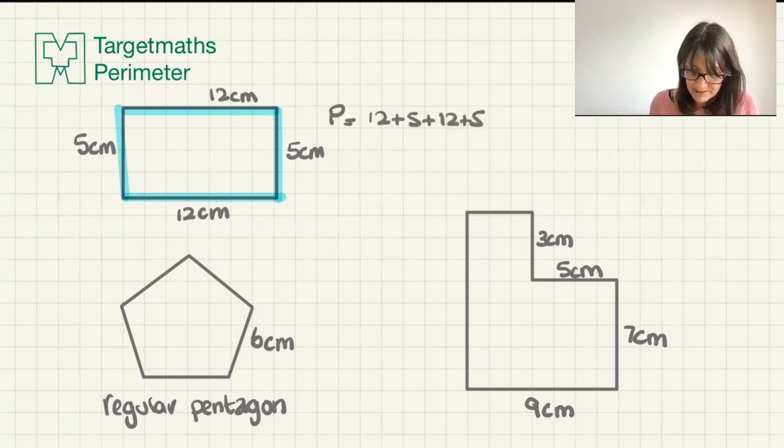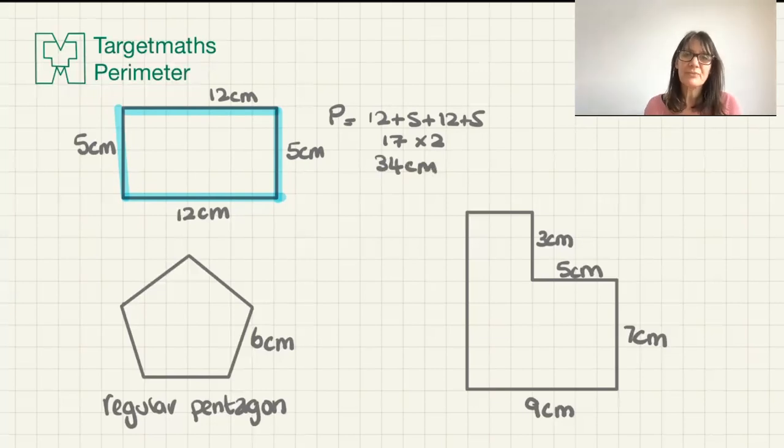You could write 12 plus 5, which is 17, and then you could double it. It doesn't matter how you choose to get to that final result, as long as you are adding every single edge. So the answer to that one is 30. Oops, nearly wrote 32. Okay, let's change that. It's 34 centimeters. So that's the rectangle.